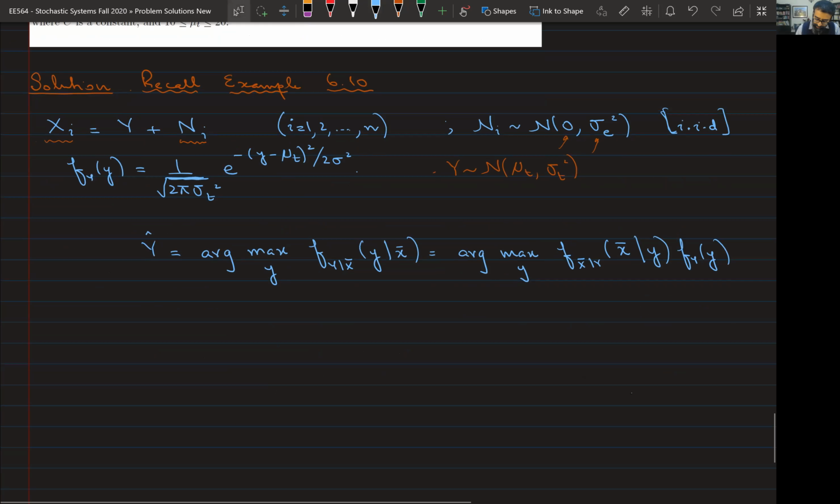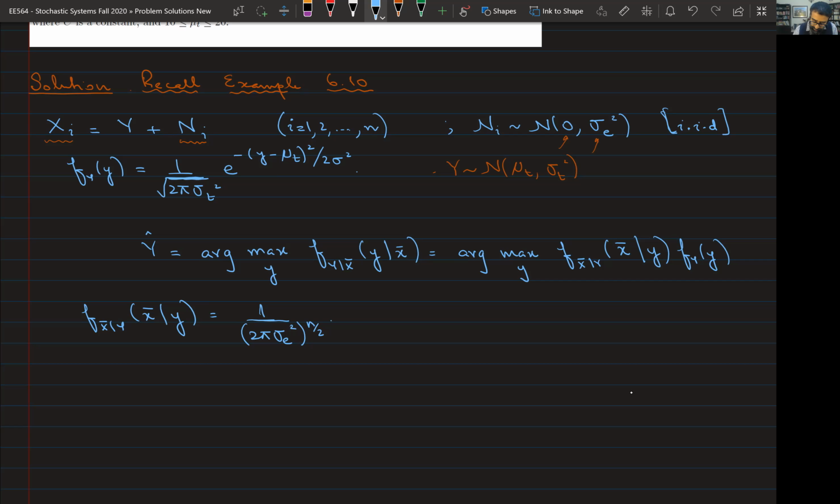And from here, I can quickly say what f of x given y is. As you can see in the textbook as well, given y, the observations are all independent. So this is 1 upon 2 pi sigma e squared, raised to the power n by 2, because the noise is IID, independent and identically distributed.